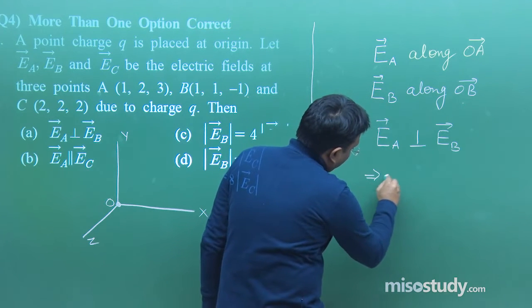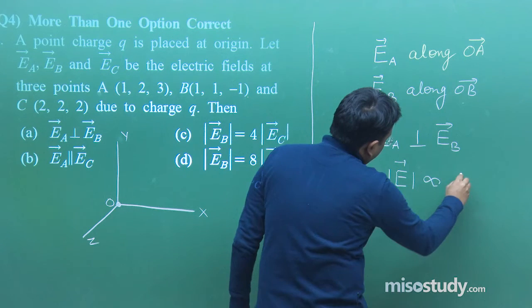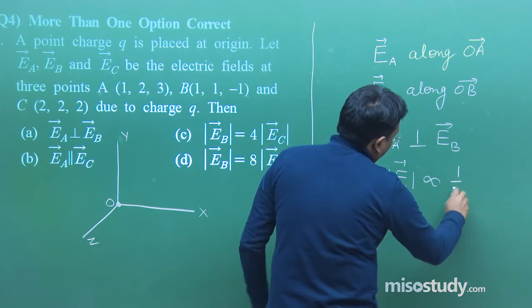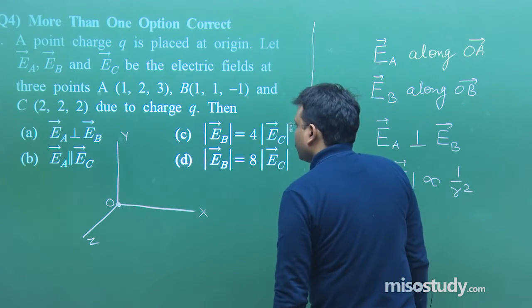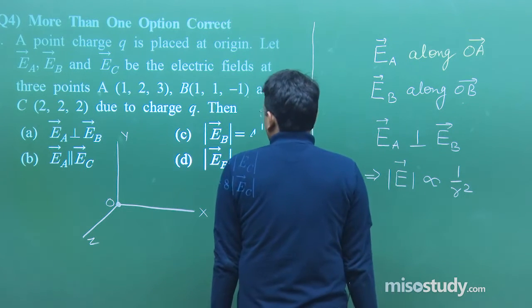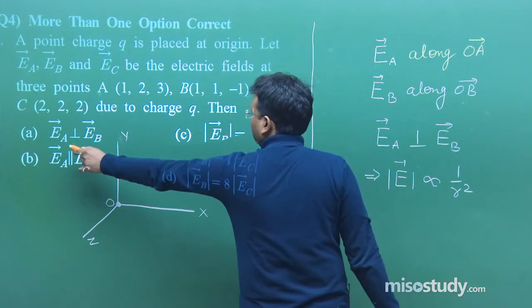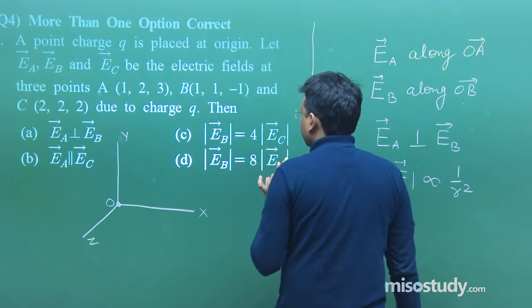So from here I can say mod of E is directly proportional to 1 upon R square. So let's try to find out the solutions. EA is perpendicular to EB. Please take a look at this option A. Fine. So that is one correct option.